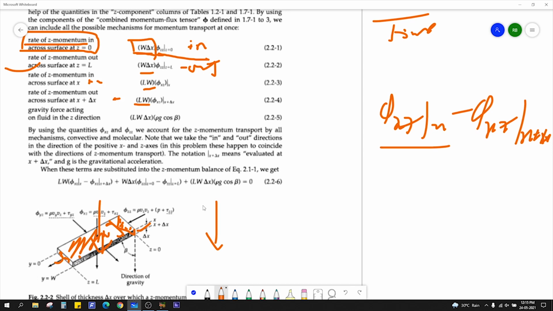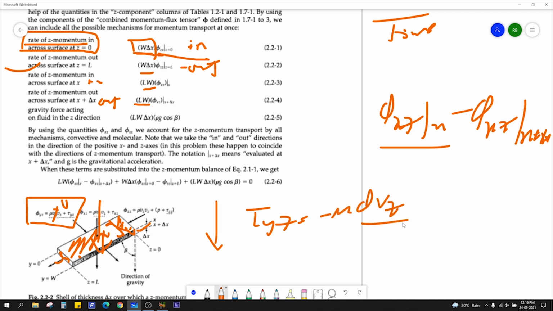And there is no momentum transfer in the y direction. Why? Look at this term: what is Vy Vz? Vy is 0, there is no flow in the y direction, so this term becomes 0. What is tau yz? Tau yz is nothing but minus mu dVz by dy.